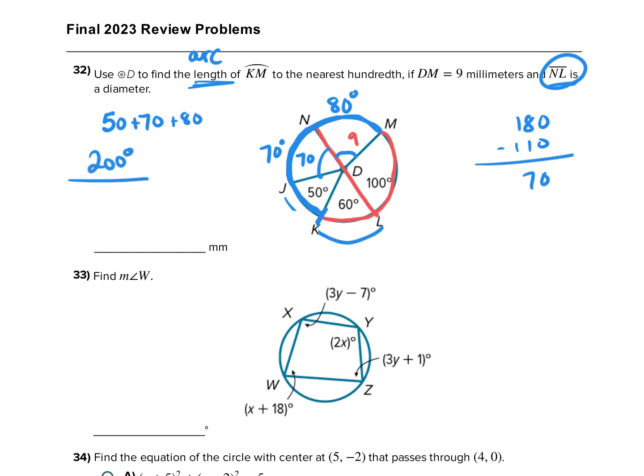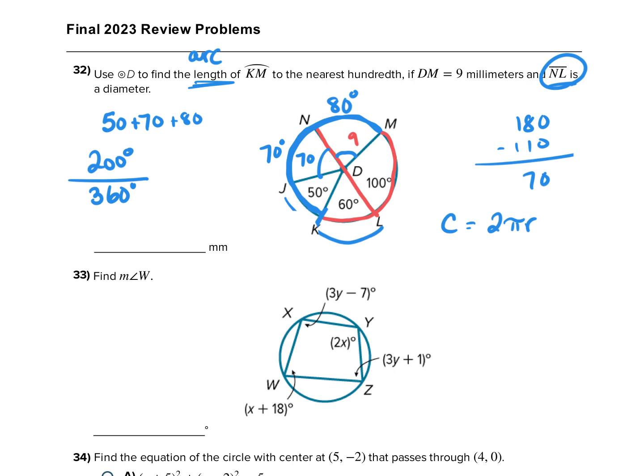So KM, the blue arc, represents 200 of the total 360 degrees of my circle. Now with arc length, because I'm measuring the outer edge, the formula I'm going to use is circumference, which is 2 pi r.